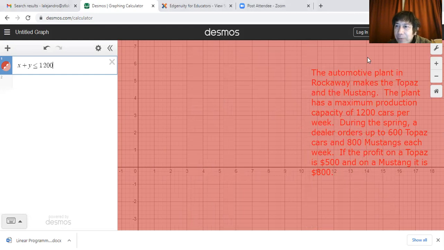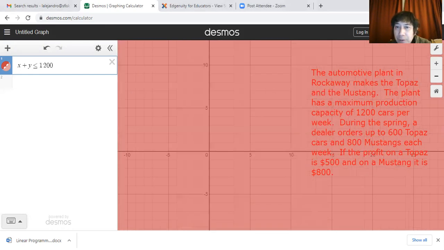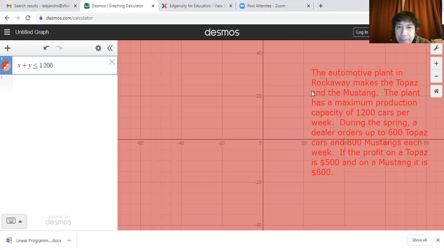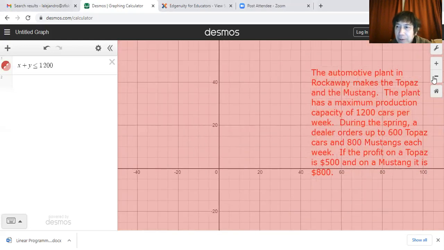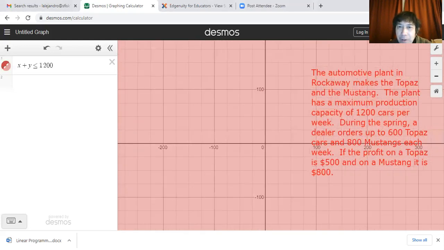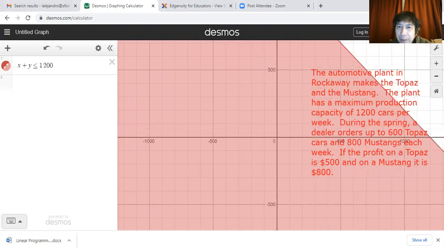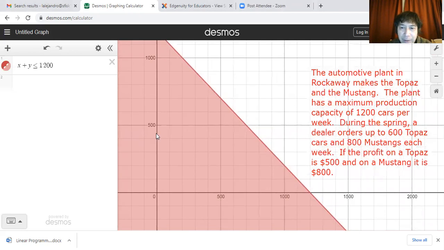So we might as well zoom out and find the line, because our numbers go up to 1,200. There, I see the line already.